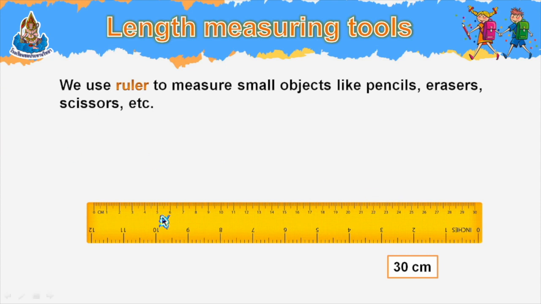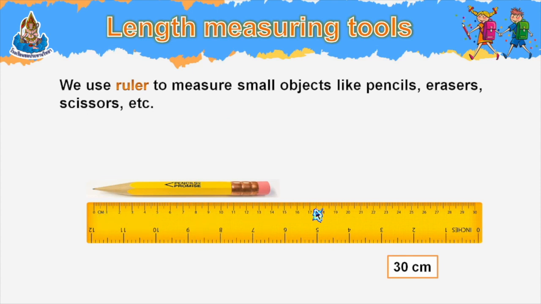Number one, we have this one. What is this? We use a ruler to measure small objects like pencils, erasers, scissors, and many more. Example like this one. So this is a ruler.